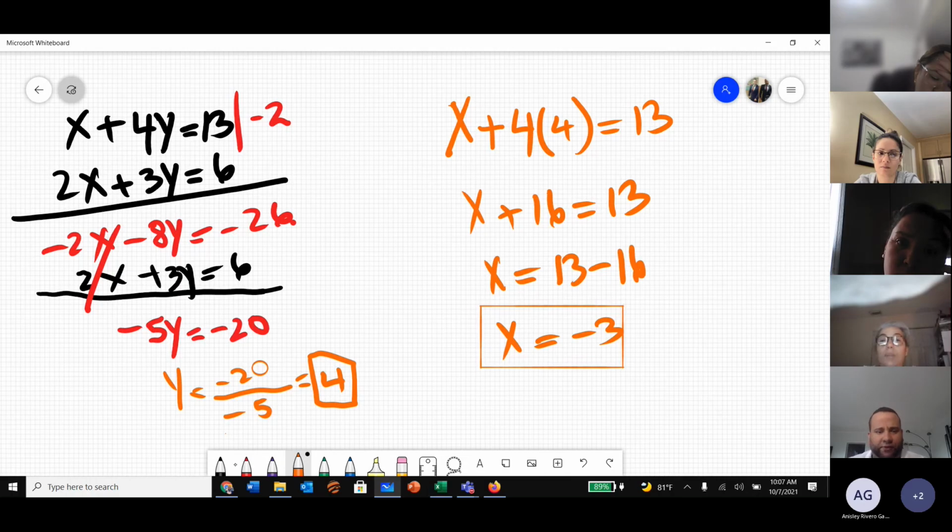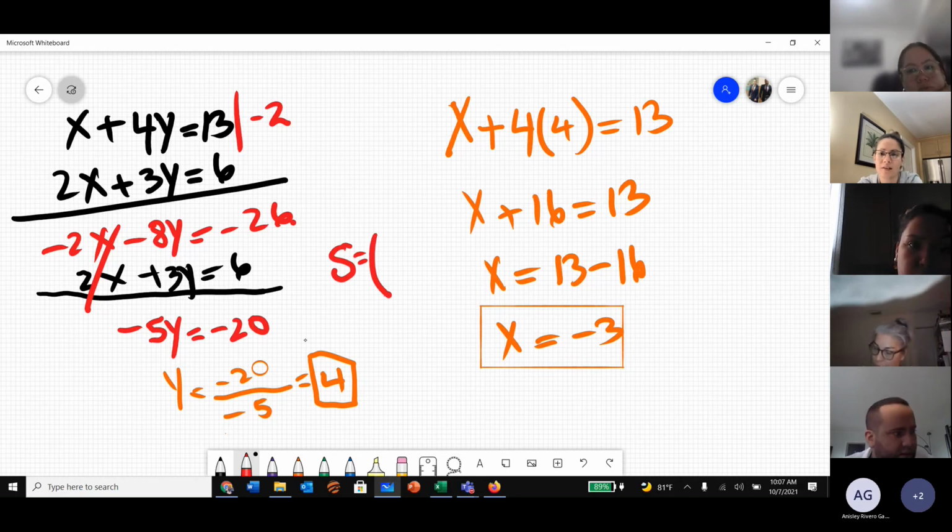And then the solution for that system of equations will be, what is the solution? -3, 4.